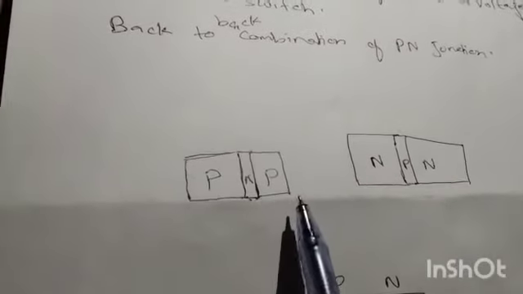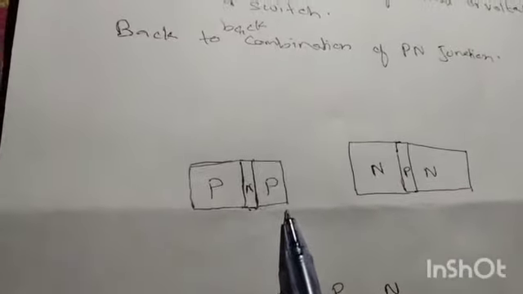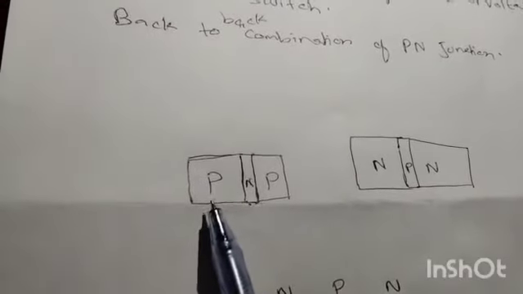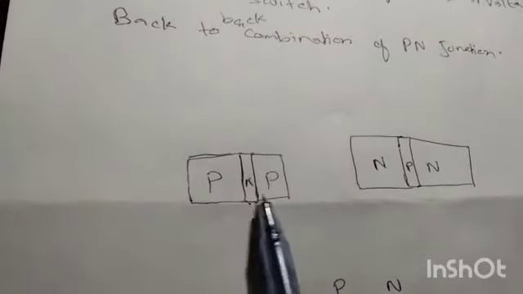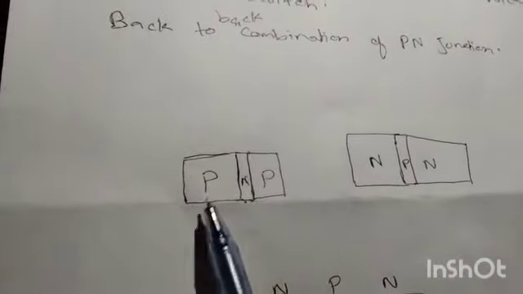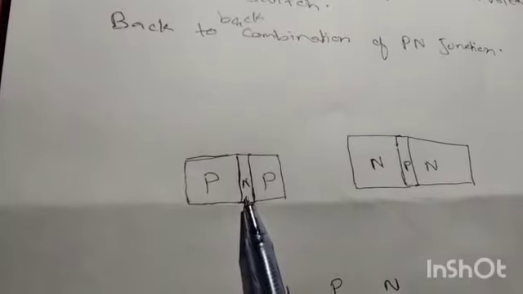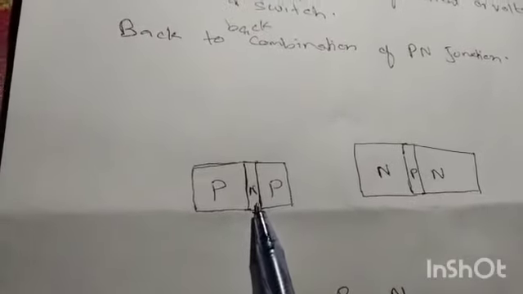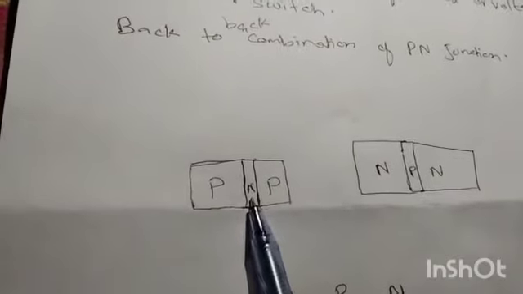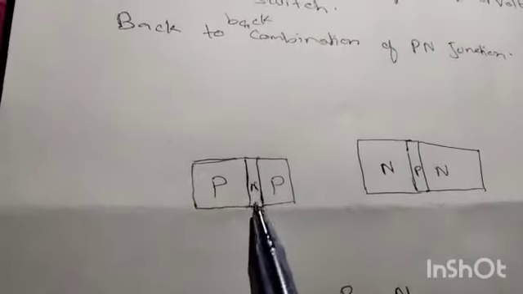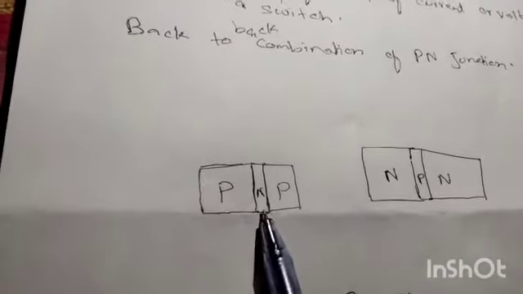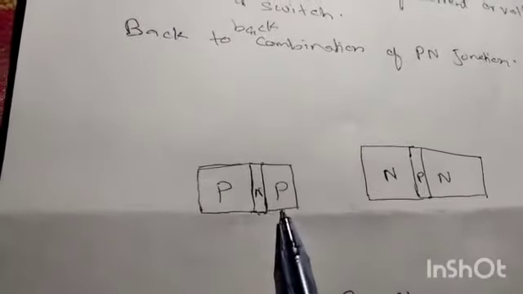We introduce the impurity inside semiconducting material in such a way that at the two sides we introduce trivalent impurity, so the two sides become P-type, and at the center we introduce pentavalent impurity from group 5, and this side becomes N-type. Now N is sandwiched between two P-type semiconducting materials.